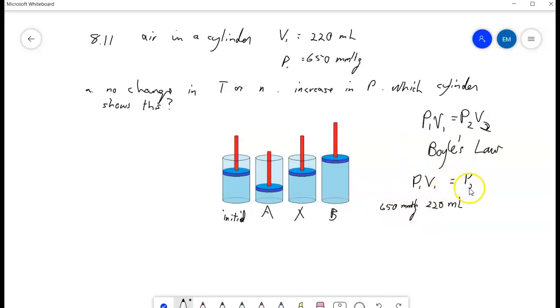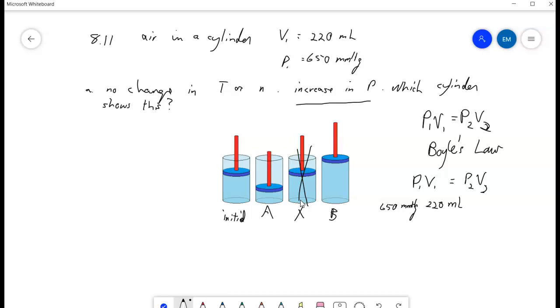It's going to be the same no matter what happens. And they're telling you that there's an increase in pressure. So you're asking which of these two cylinders, A and B. For now, we're not paying attention to this one. So which one is it?